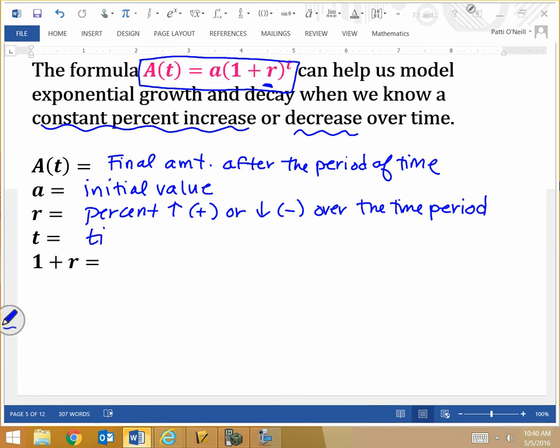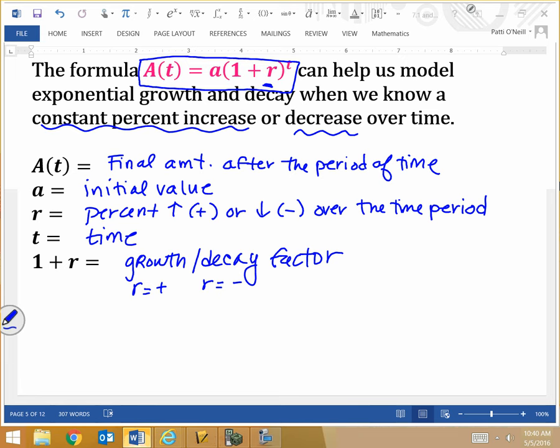t is our time. And the entire quantity 1 plus r is known either as the growth or the decay factor. If r is positive, then it's considered to be growth. And if r is negative, it's considered to be decay.